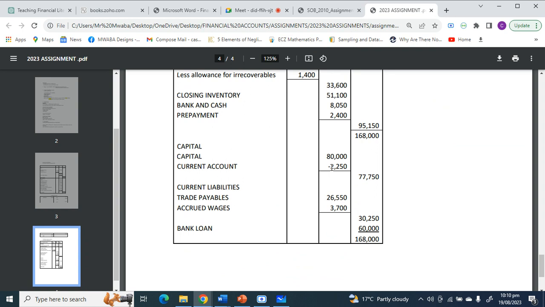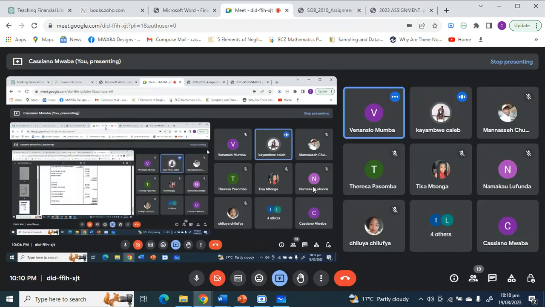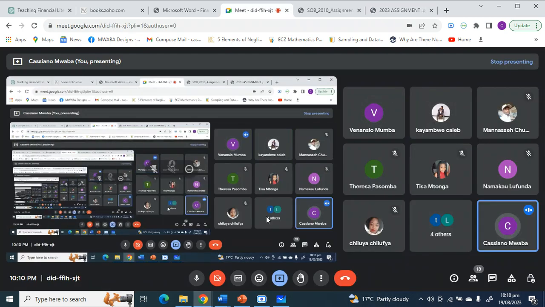Where the balance is a debit, you can put negative. You can put brackets, whichever you want to use, or you can even say less.